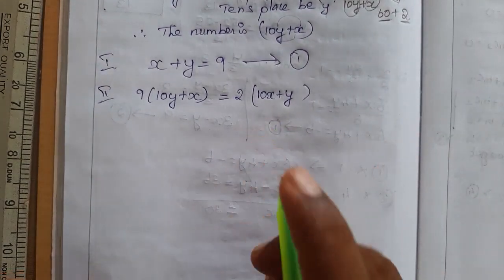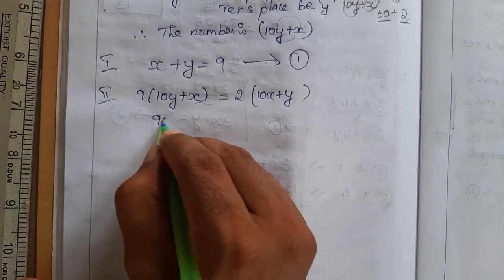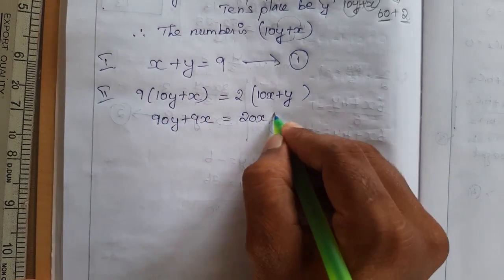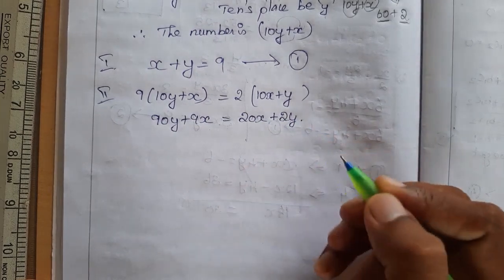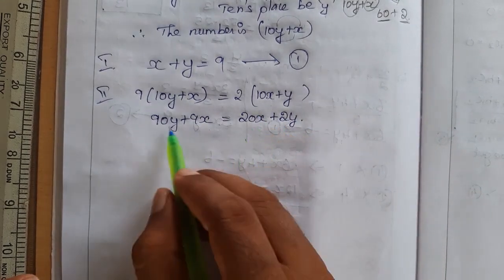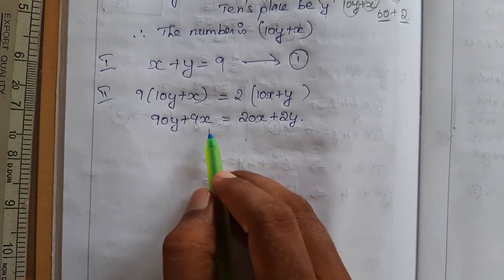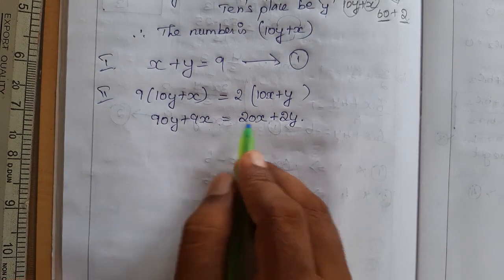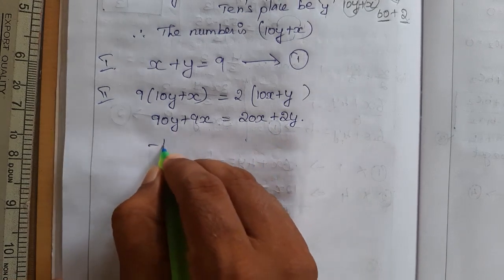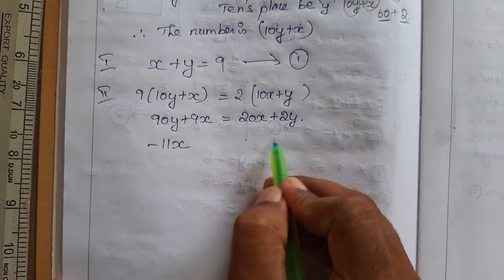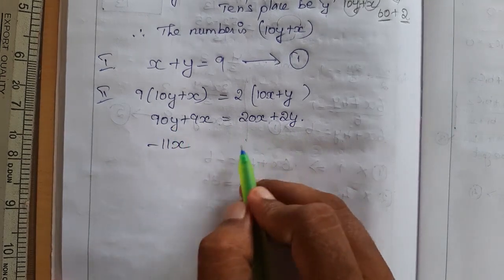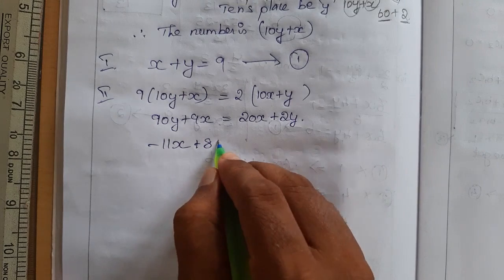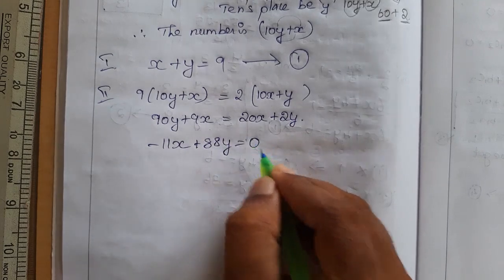This we have to change. So it will become 90y plus 9x is equal to 20x plus 2y. So 9x, if you bring 20x here, it will become minus 20x, right? 9x minus 20x is minus 11x, and 90y minus 2y is plus 88y, equal to 0.